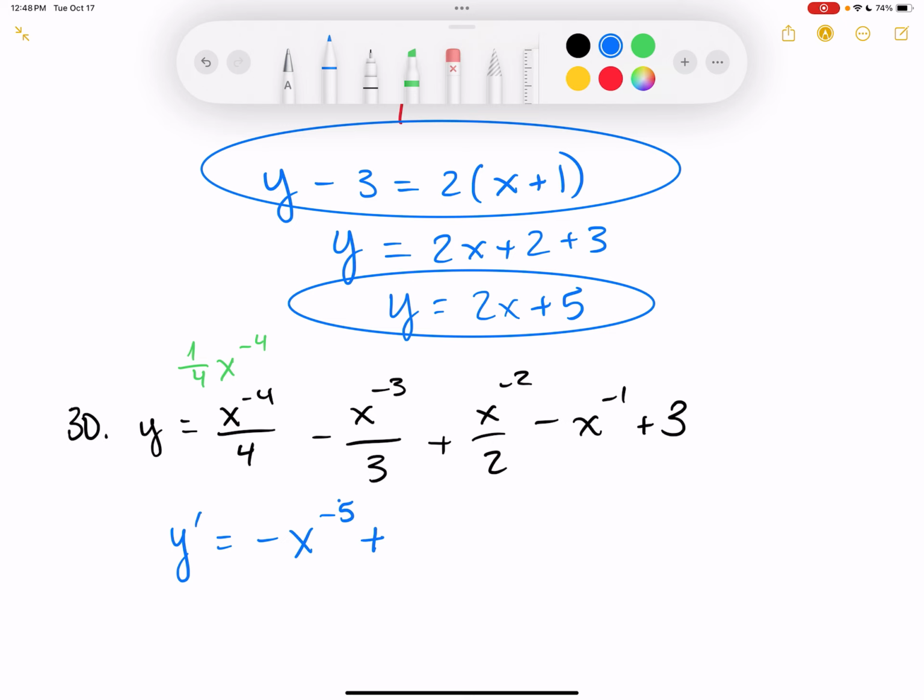And then the 3's cancel. So then I have x to the what? And then the next piece, x to the negative 2 over 2, gives negative x to the negative 3.